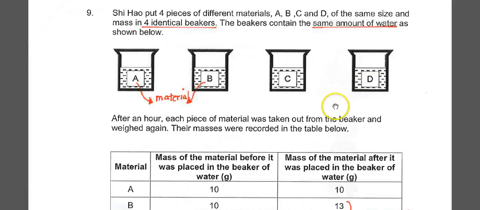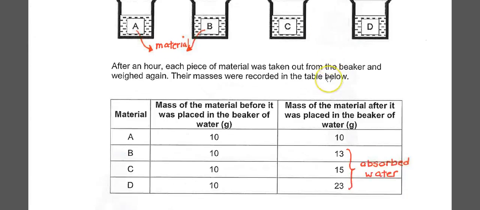After putting them inside water for a while, they took them out and tested the weight of A, B, C, D. At first, before they were put in the water, the weights were 10, 10, 10, 10. After that, the weight over here remains 10, the same. And the rest absorbed water and became heavier and heavier. Now, what does this tell you?